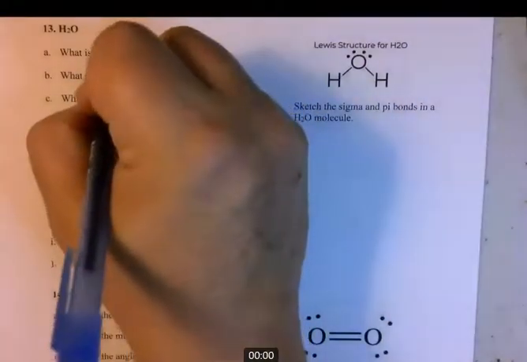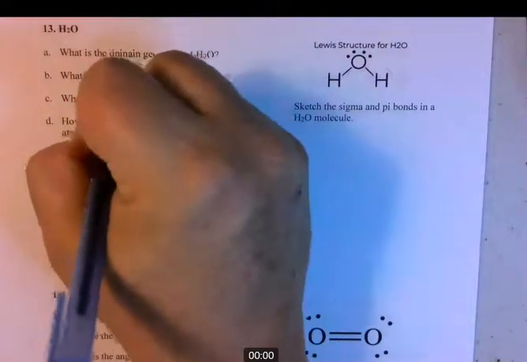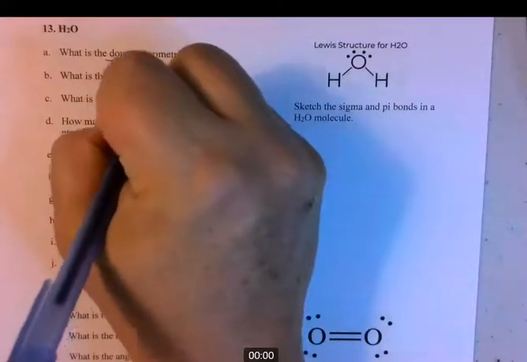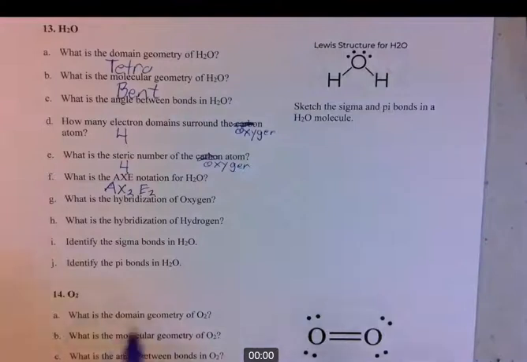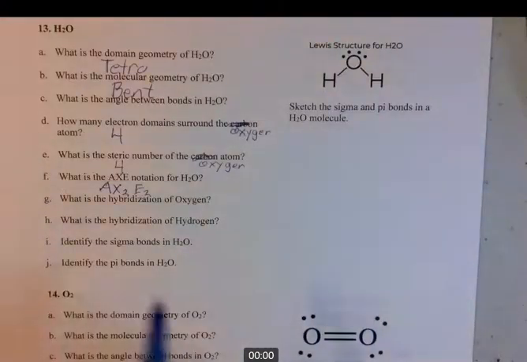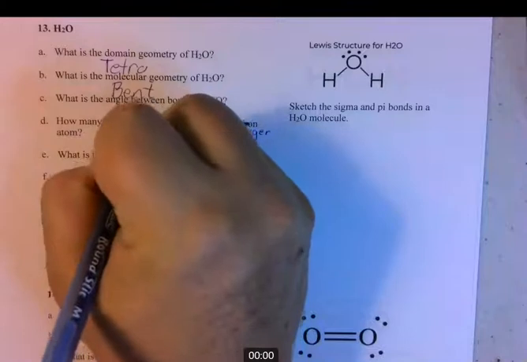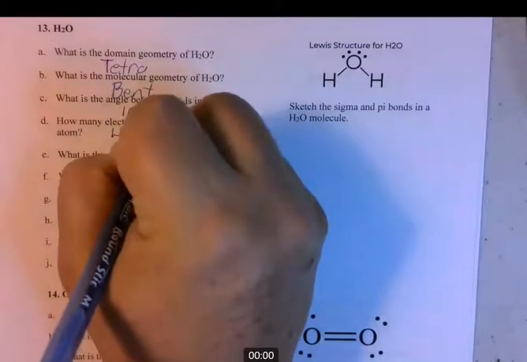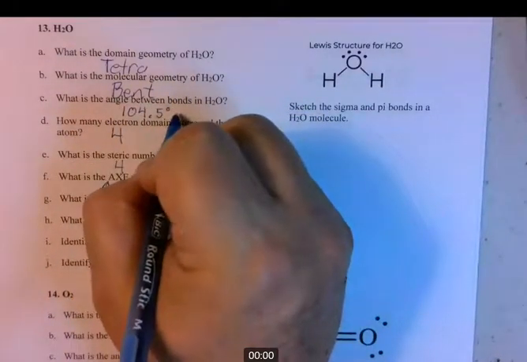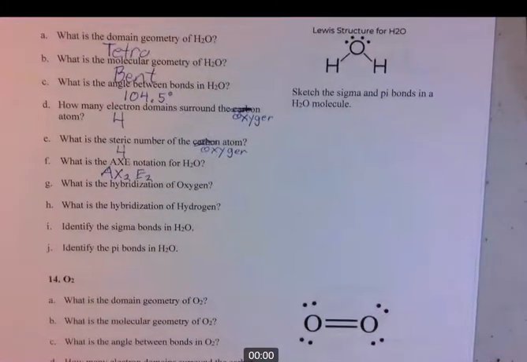So this is going to be tetrahedral and bent. And the angle is less than 109, but because it's water, it's actually 104.5. Water is very well known because it's such an important substance. Okay, there you go.